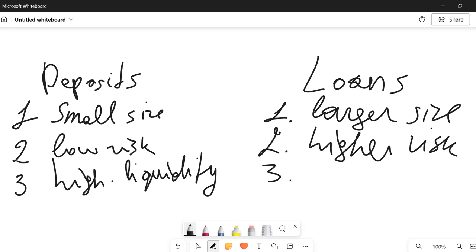Depositors have high liquidity because they invest money in the short term, but the banks lend the money in larger size, and there is a maturity date, maybe 10 years or higher.